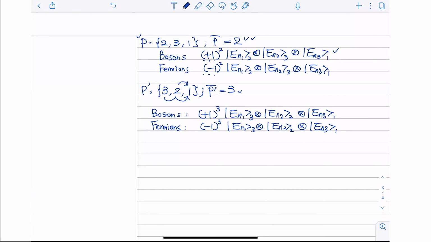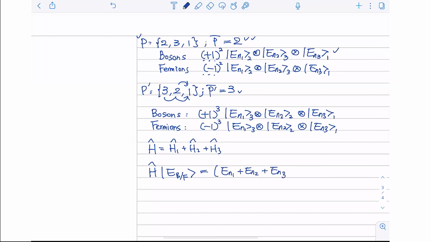It turns out that if we apply the total Hamiltonian, in this case H1 plus H2 plus H3, no matter whether it is boson or fermion, naively, if they are all distinct, we should get the energy of En1 plus En2 plus En3.